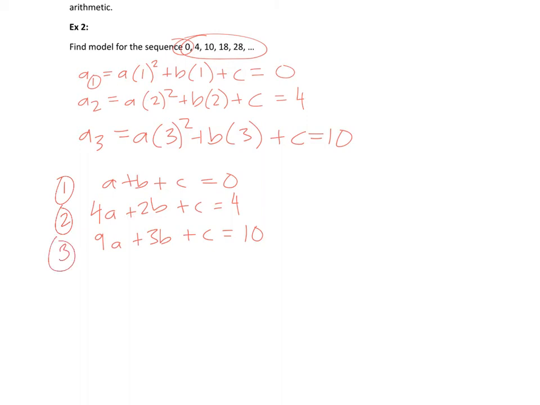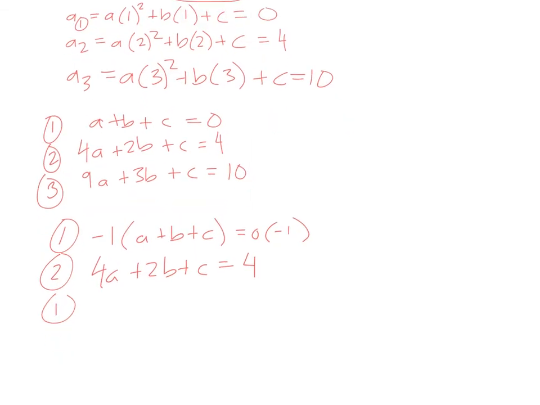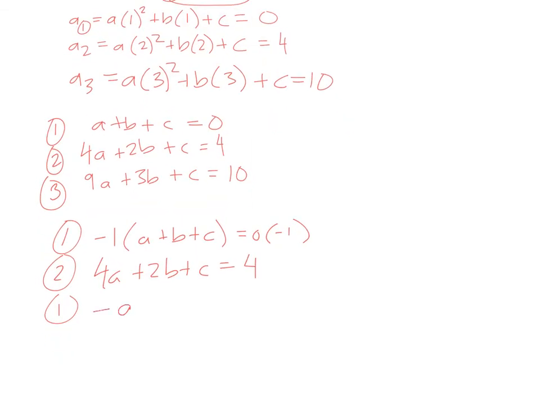All right, so I'm going to work with equations 1 and 2. For equation 1, I'm going to multiply it by negative 1. a plus b plus c equals 0 times negative 1. Second equation, not doing anything with that. All right, so let me write the first equation down below that since it's been manipulated. All right, and I cancel out the c's, and then I get 3a plus b is equal to 4.